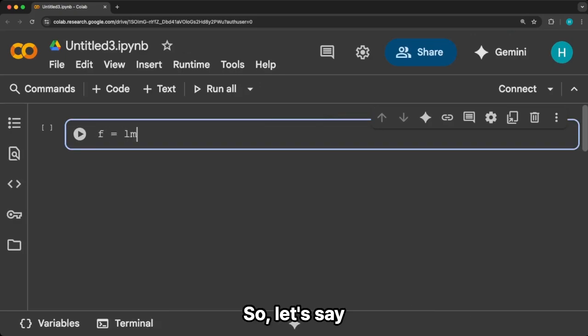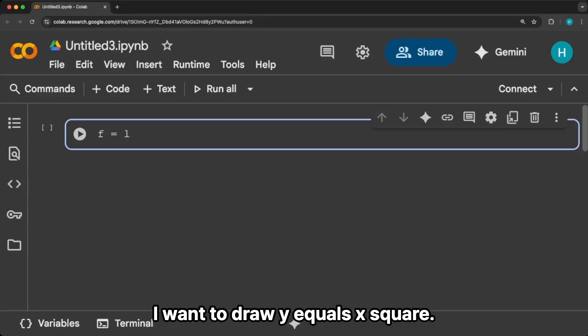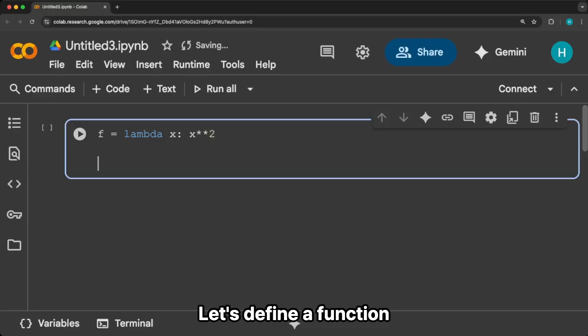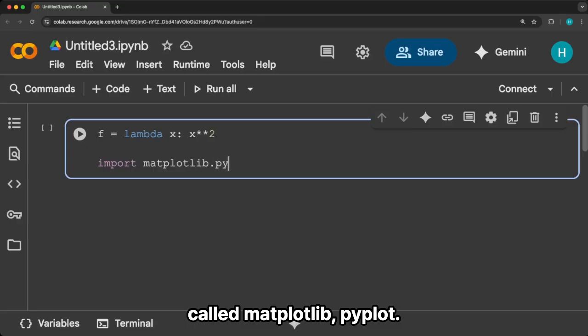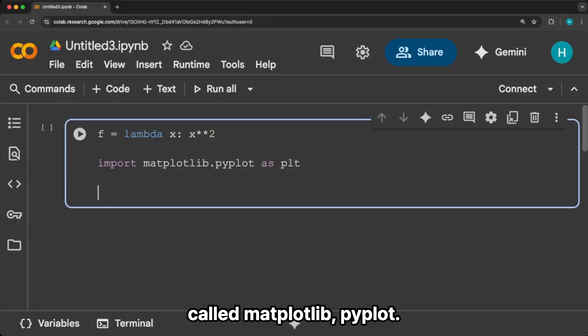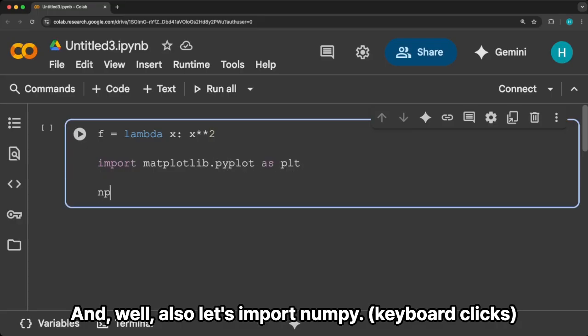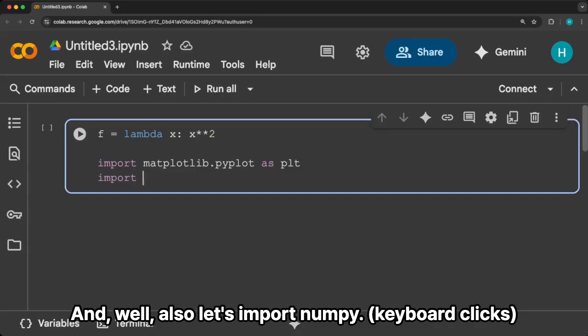Let's say I want to draw y equals x squared. So x goes to x squared. Let's define a function and import the package matplotlib pyplot, and also import numpy.